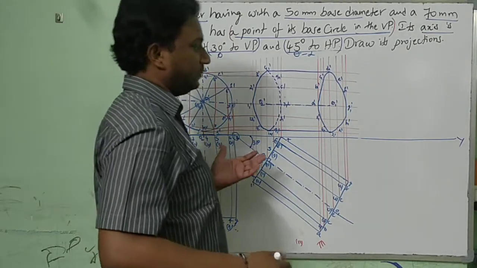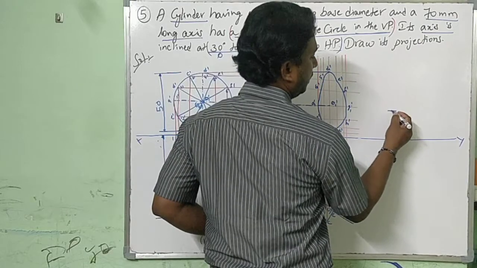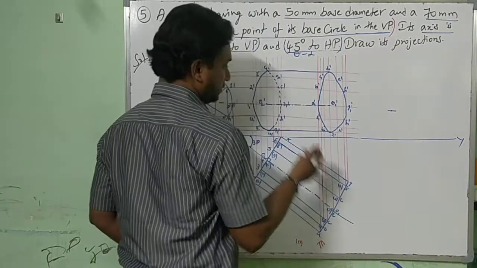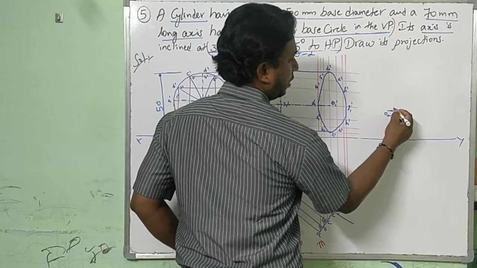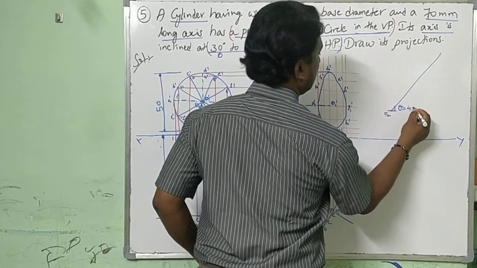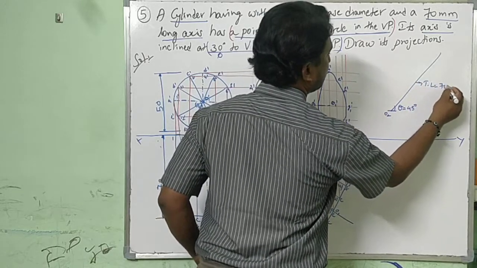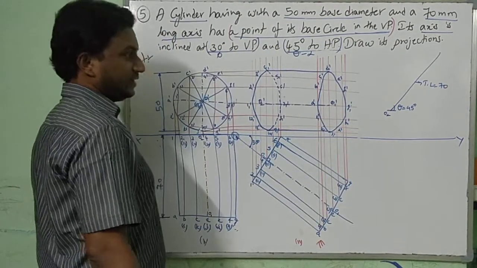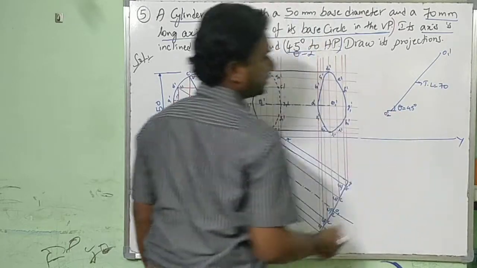To find alpha, pick a point, draw a line, treat this as O2. Draw a line at an angle of theta. What is this theta? 45 degrees. What length do you have to draw? The true length, that is 70. Now this becomes O1 dash, O2 dash and O1 dash.